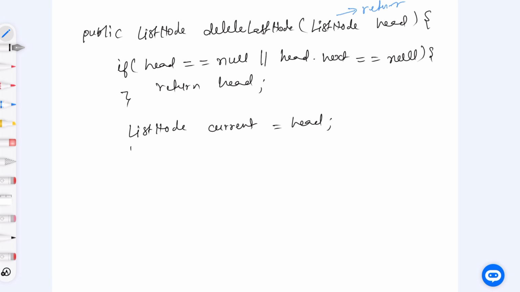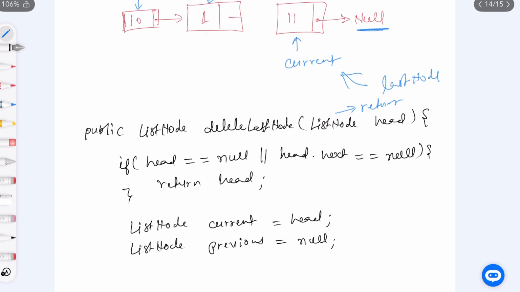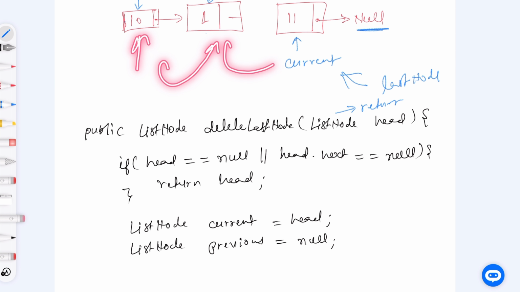Then a list node previous, which should start from null, that we have already seen. Previous is null. Then we have to move our current, keep moving it, because current was here, so next it will move here, next it will move here. Like that we have to move.